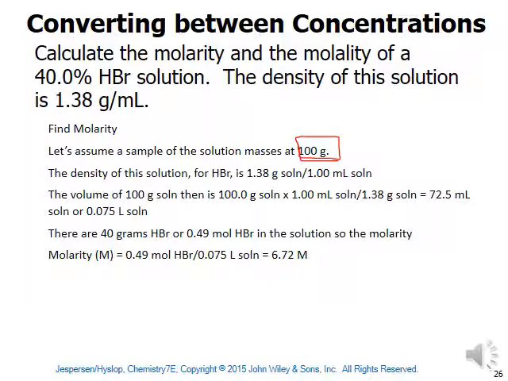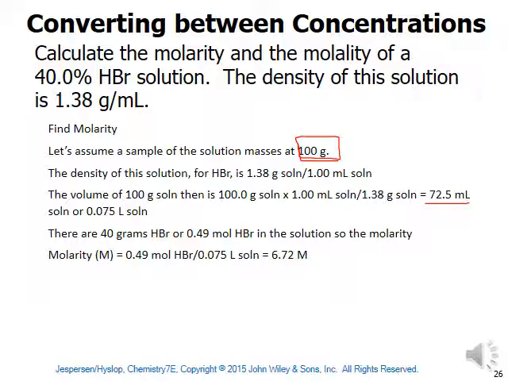Now, using the density, I know for every 1.38 grams, there's 1 mL. So if I have 100 grams, how many mL is that? So what you can do is set up a proportion. 1.38 grams over 1 mL has to equal 100 grams over X.